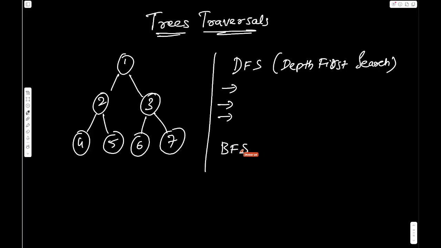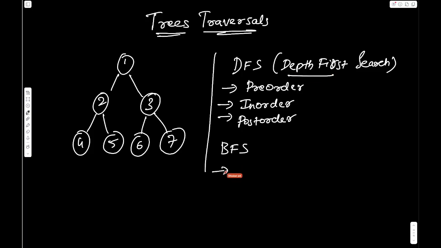I'll explain how it will happen. First, let's see what are the types of depth first search. We have pre-order traversal, in-order traversal, and post-order traversal in depth first search. And in breadth first search, we have level order traversal.